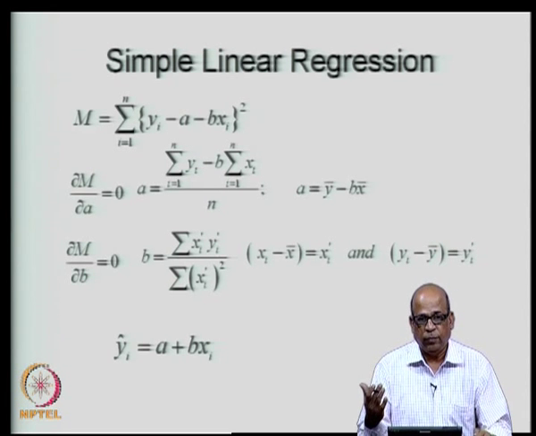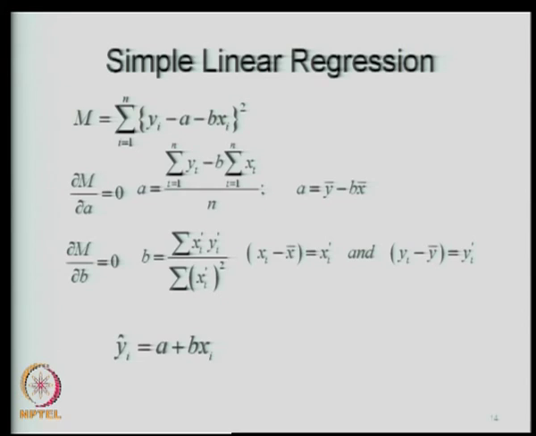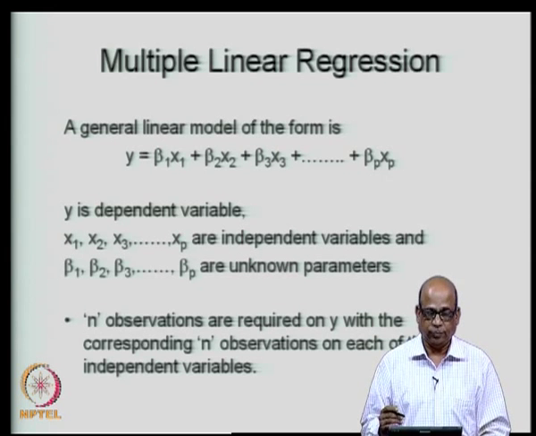Then you need to estimate the parameters beta 1, beta 2 etcetera, beta p such that the error between the observed values and the predicted values, predicted from the linear equation, is minimized in some overall sense. That is where we consider the squared errors and so on. Precisely what we did in the simple linear regression, we repeat for the multiple linear regression. The principle remains the same, the mathematics also remains more or less the same.